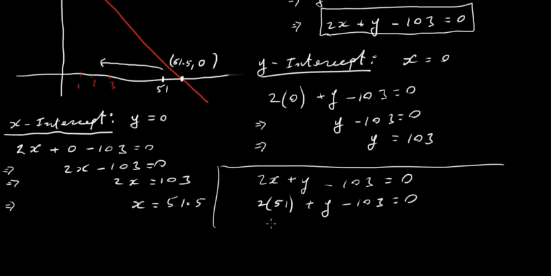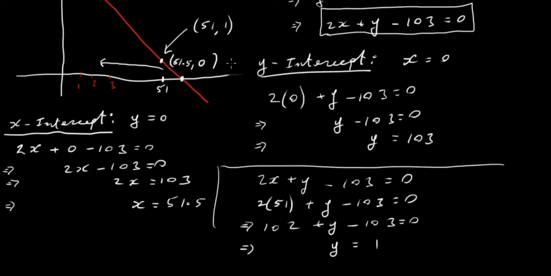Well, 2 times 51 is 102, plus y minus 103 equal to 0. So 102 minus 103 is minus 1. Bring that over to the other side, and y is equal to 1. So this point here is (51, 1).